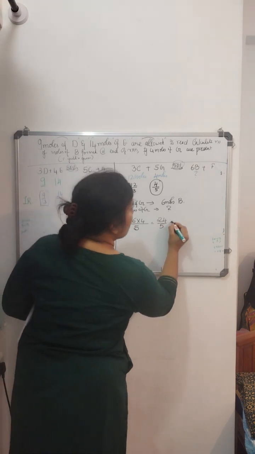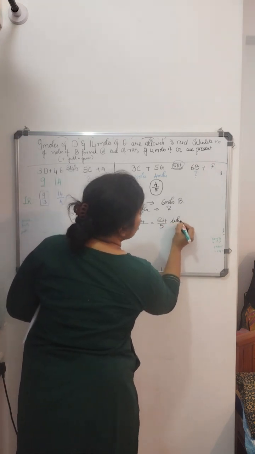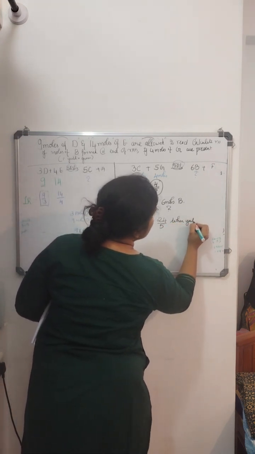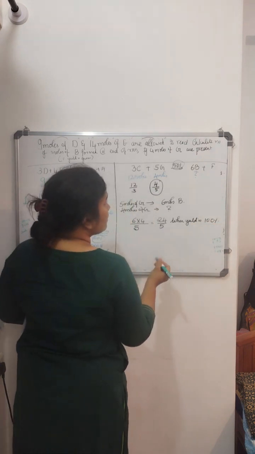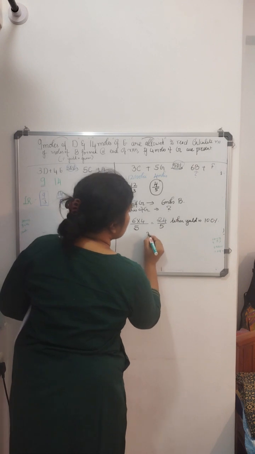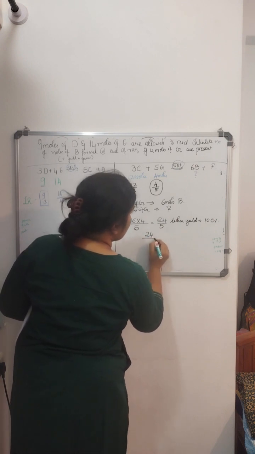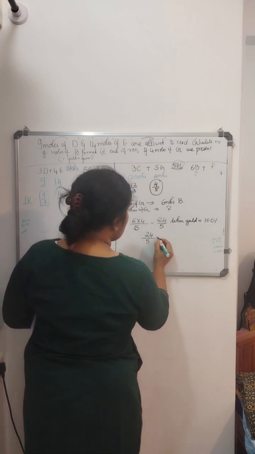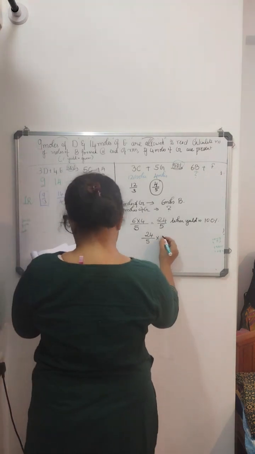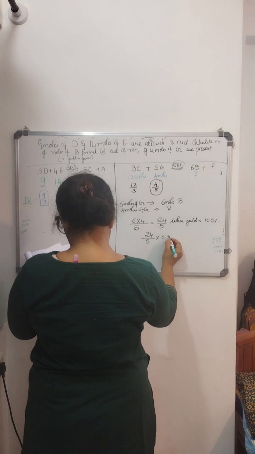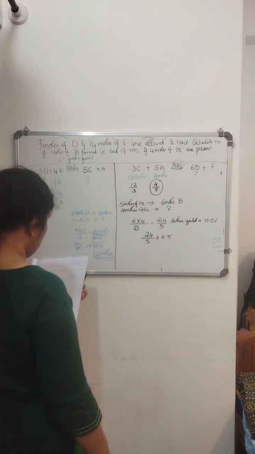This is when yield is 100%. But what is told? Yield is only 50%. So 24 divided by 5 into how much do you get? It is 0.5. So 24 by 5 into 0.5, what is your answer?